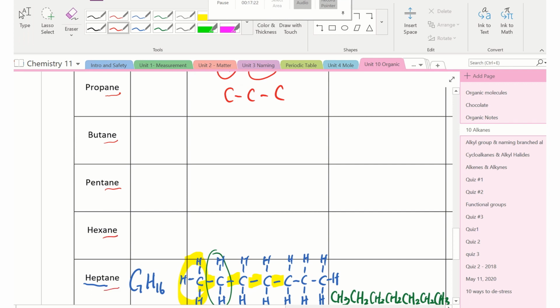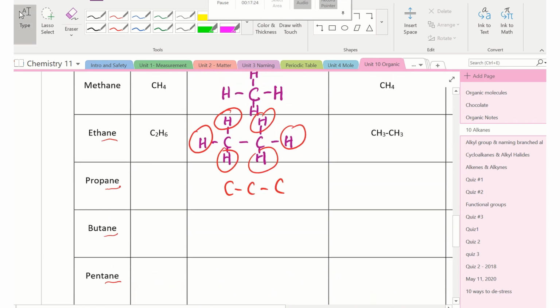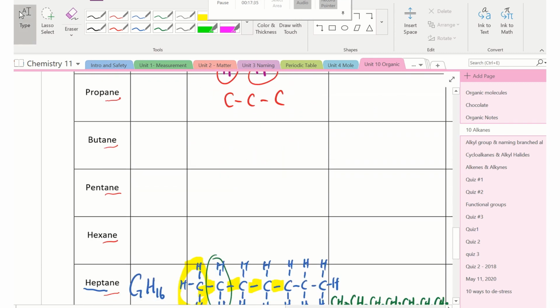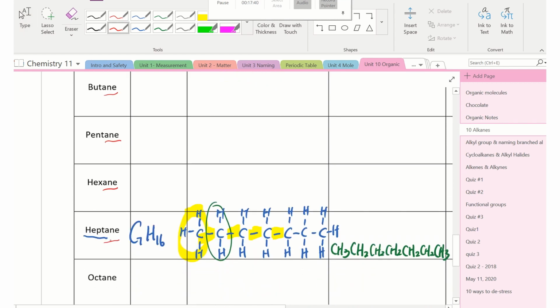Heptene, and so on. Change the ending to ene. And for the triple bonds, same thing. You're going to call this ethyne, propyne, butyne, pentyne, hexyne, heptyne, octyne, right?